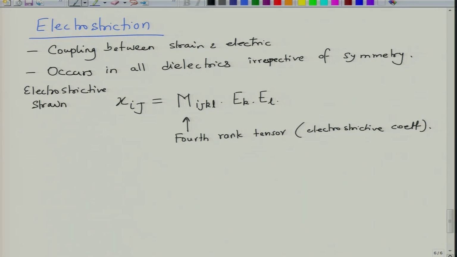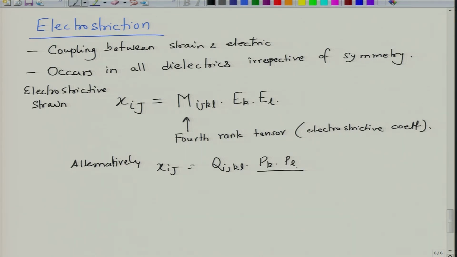So, you can also write it in terms of polarization. We know that polarization is related to electric field by susceptibility, right, P is equal to chi into E. So, if you do that transform, then alternatively Xij can be written as Qijkl into Pk Pl, where these are the polarization vectors.